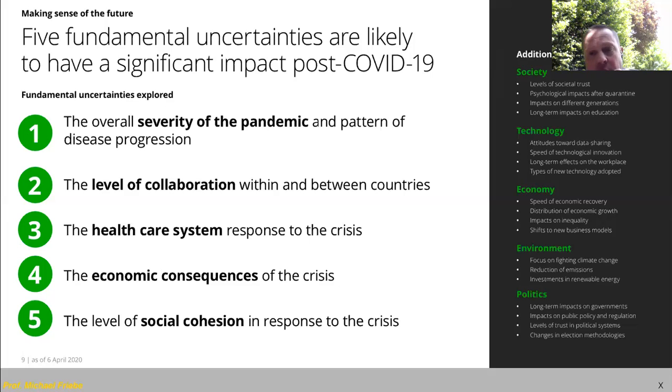So I have a homework assignment for you, and that has to do with COVID-19. There's a lot of uncertainties that will have a significant or possible impact on social, technology, economic, environment, and politics. What I want you to do is read something, and I'll give you the download link for that later on. And you basically come up with a statement.